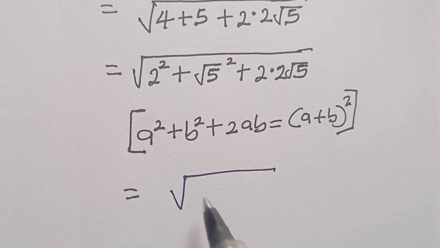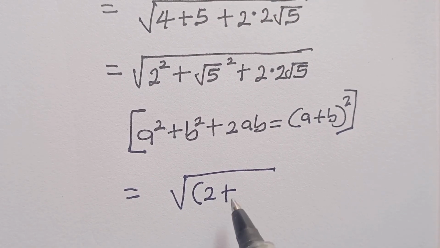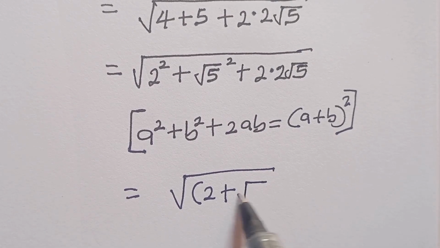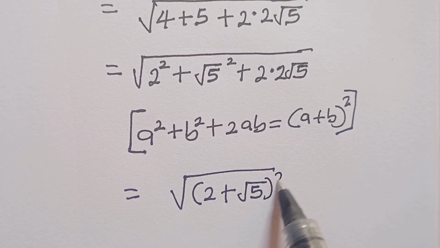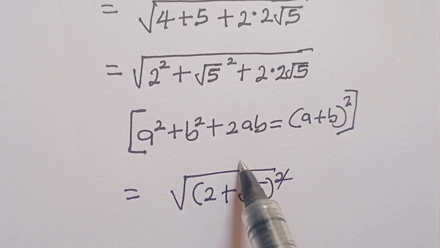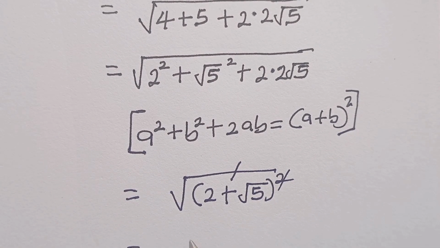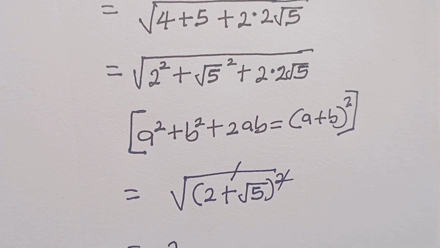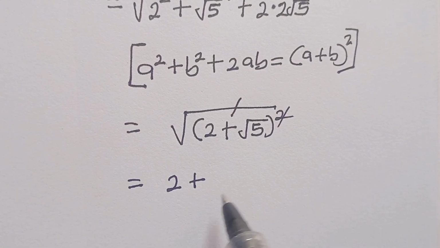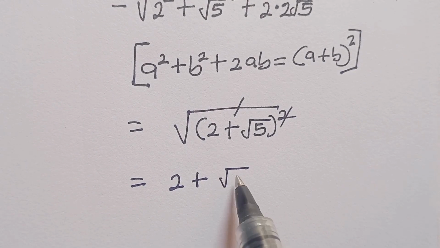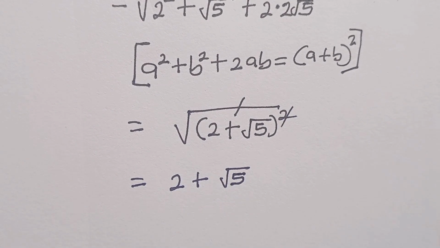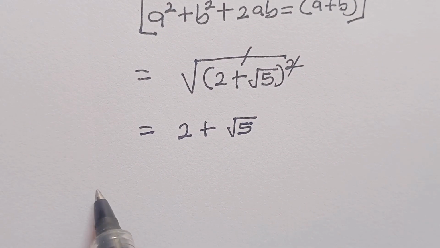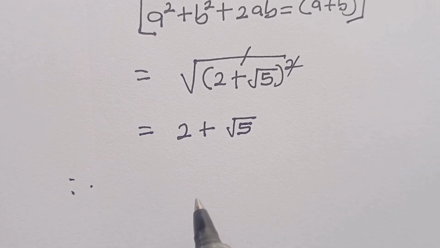My b will be square root of 5. Therefore, I will now be having square root of 2 plus square root of 5, everything squared. So the square will cancel the square root, so I will now be having 2 plus square root of 5. Can you see we now achieve the simplified version of the complex square root?